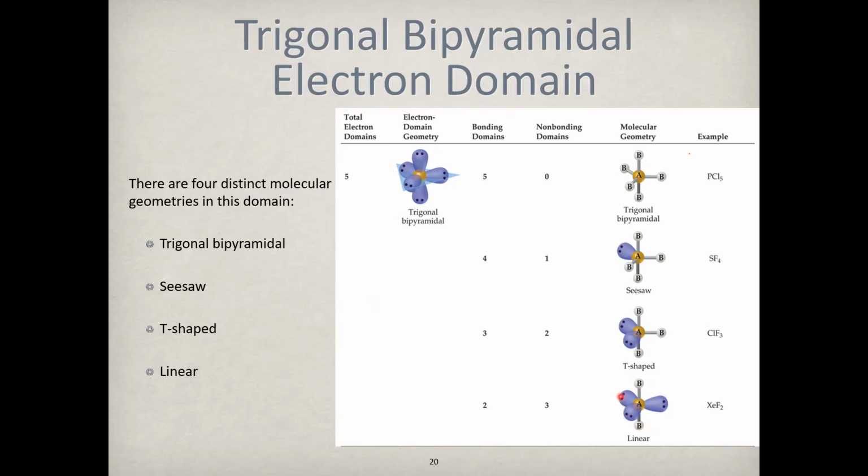And then again with three lone pairs, we wind up with a linear shape because we've replaced all of the equatorial atoms with lone pairs. And then we've just got the ones on the top and the bottom in a straight line with that central one. And if we went one step further, again, we just have two atoms, and just like always, that would give us a linear shape as well.